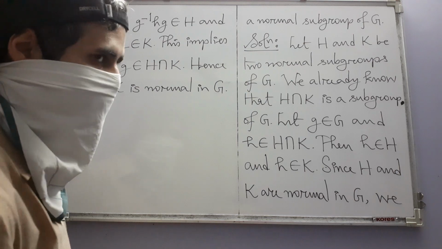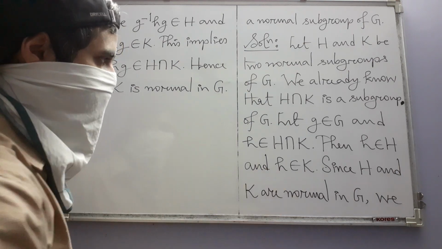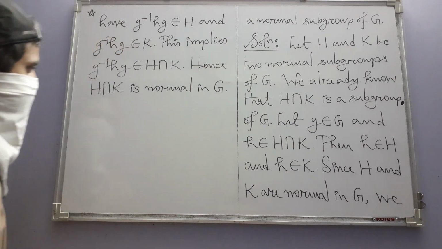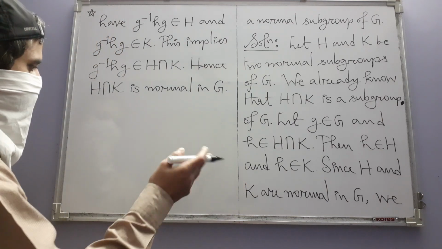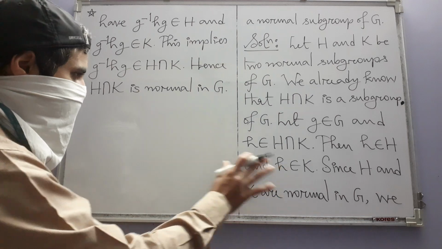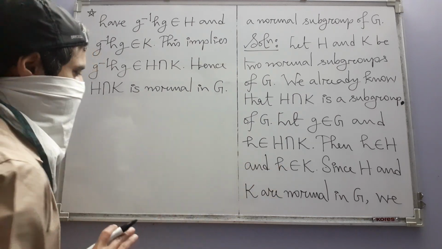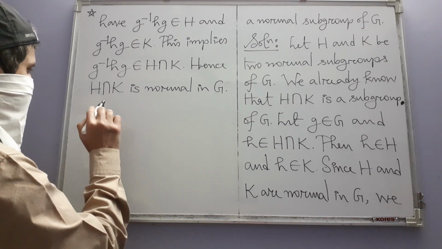Then in the second part we have to prove the general one where any number of normal subgroups is involved, which, you can guess, is absolutely similar to this one, but still, for the sake of completion, we are going to go through that also.